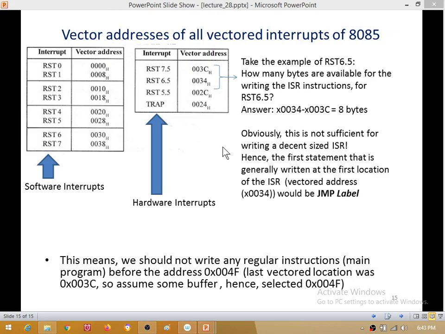So my main program should always be written after 003C, or if I keep some buffer after 003C, then we should write our main program in the 8085 starting at 004F, giving some amount of buffer after 003C.